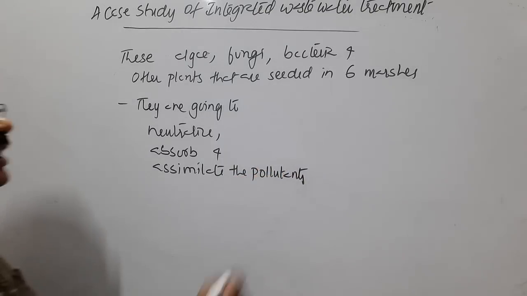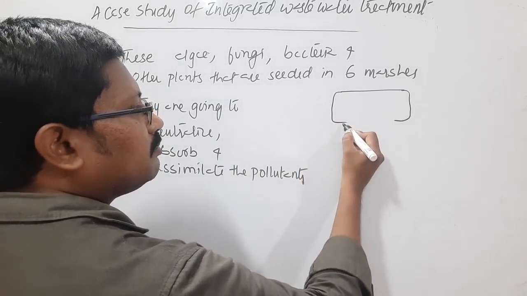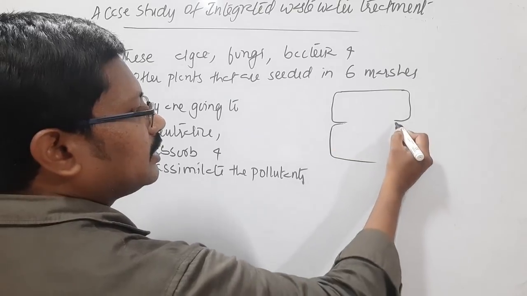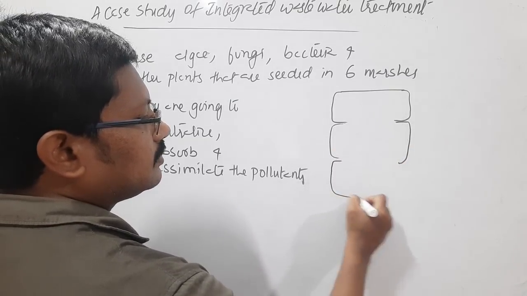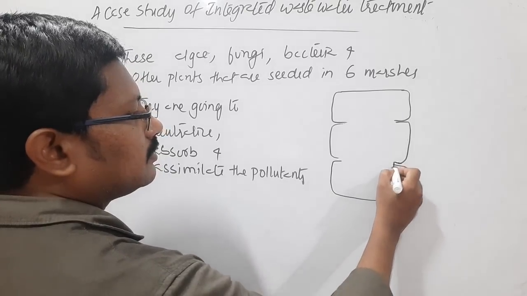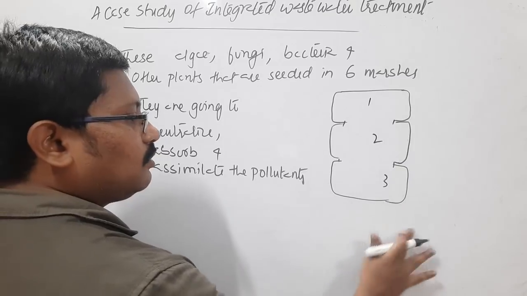As I have mentioned here, these are the marshes that have been connected: one, two, three, and so on.